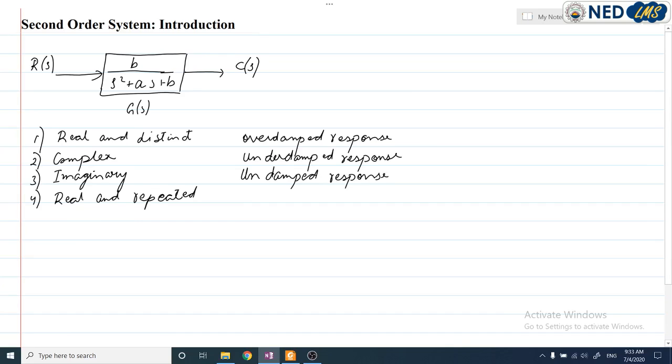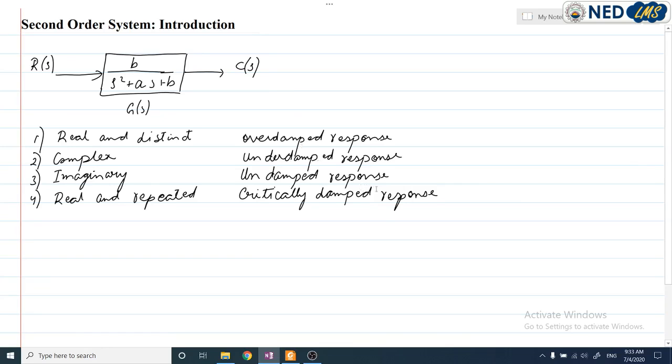And if we have real and repeated roots, we have a critically damped response. So these are the names of the responses which will form with the help of these roots.